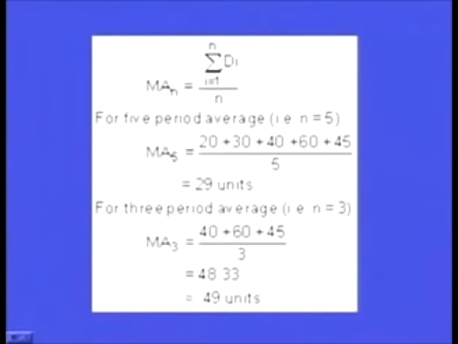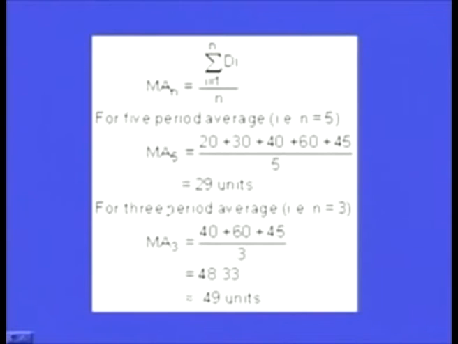So, using a simple moving average with a period of 5, we are able to generate a forecast of 29 units. So, we can say in the month of July, we will be able to sell 29 units of refrigerators.